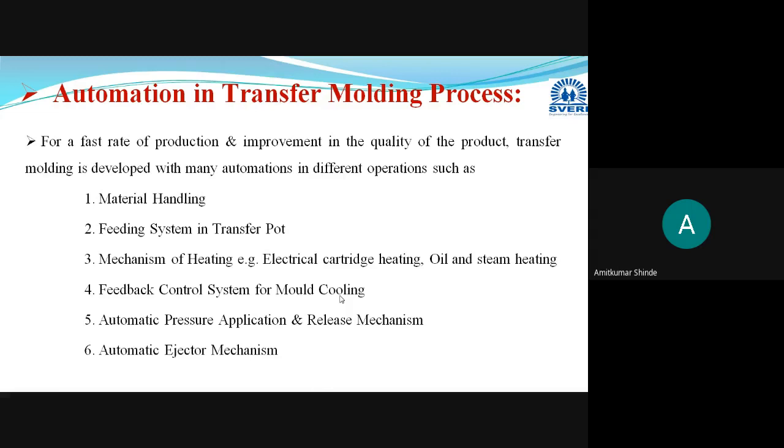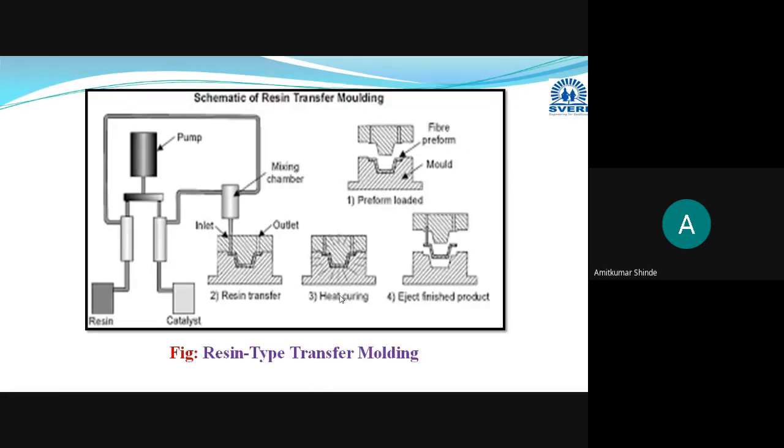Okay, so for example, here some automation is used in this resin type transfer molding process. It is basically used for manufacturing molded parts or components with the help of composite materials.